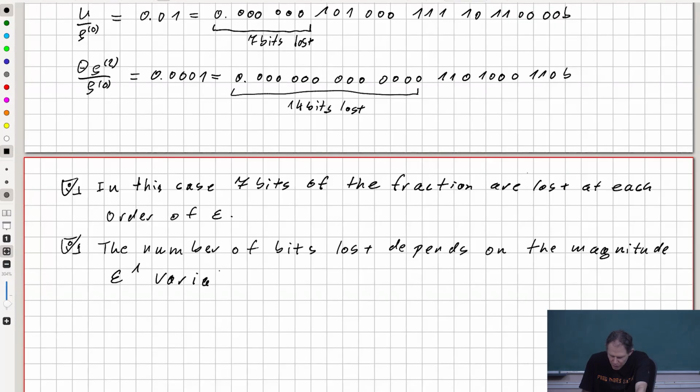So I may have told you or not that you should start with U1 as small as possible in order to reduce the numerical error, yeah.